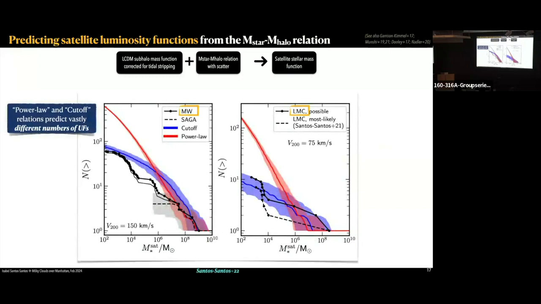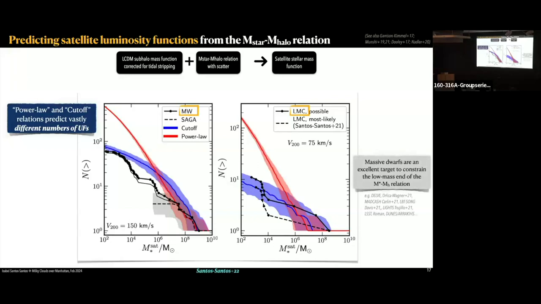Just by looking at the red and blue curves, we can see that the power law and the cutoff case predict vastly different numbers of ultrafaints. If we focus on the LMC case, we would be talking about 10 satellites versus 150. So I'm particularly excited for surveys that are looking for dwarfs in the field and searching for satellites around them, because they'll have the power to constrain the low mass end of the stellar mass halo mass relation.